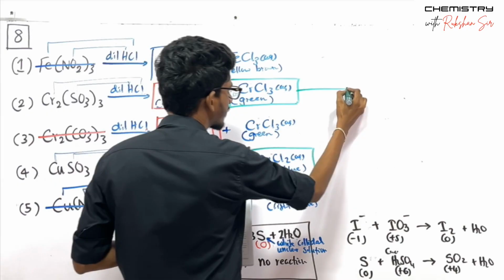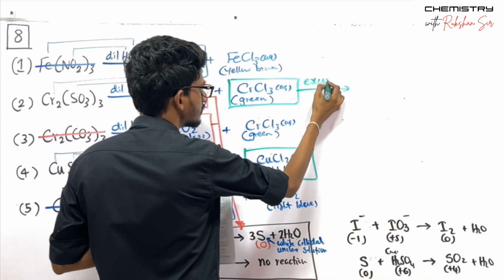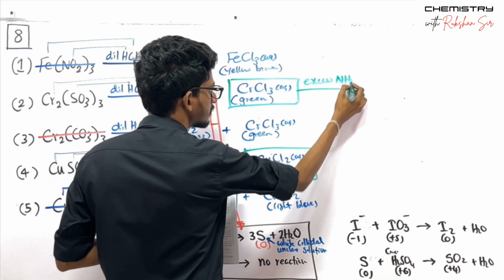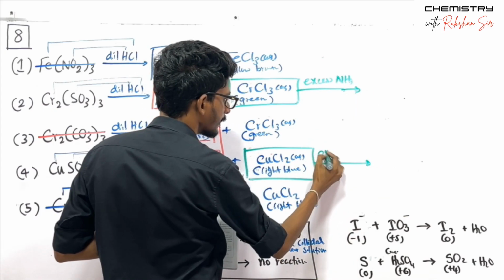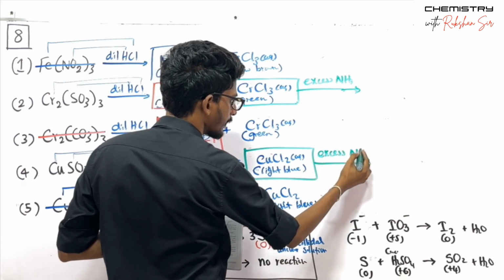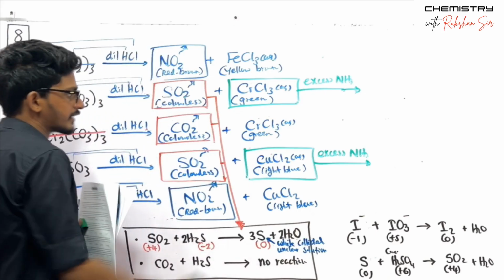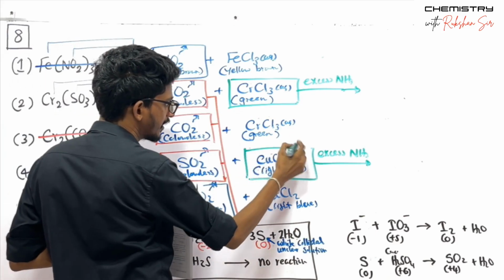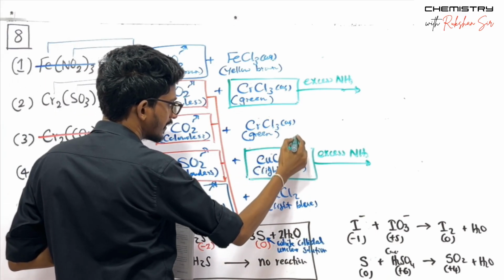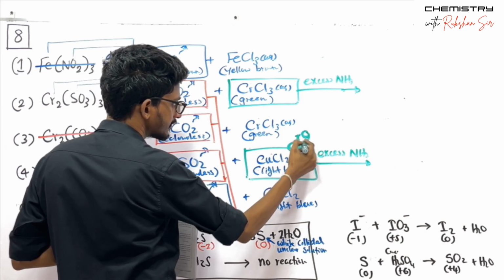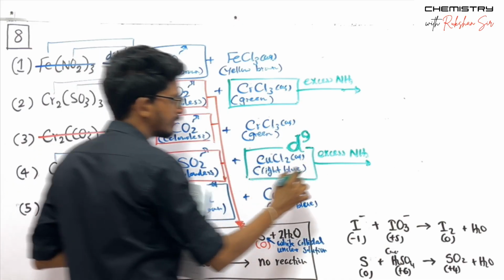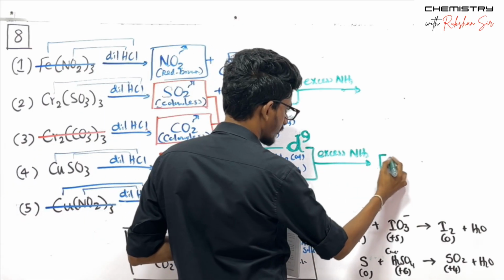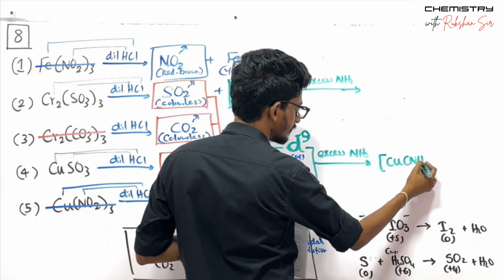So you are adding excess ammonia. This is kind of a D7 to D10. This is D9, so it will produce the amine complex. Copper amine with excess ammonia.